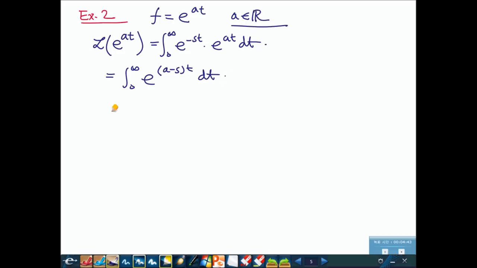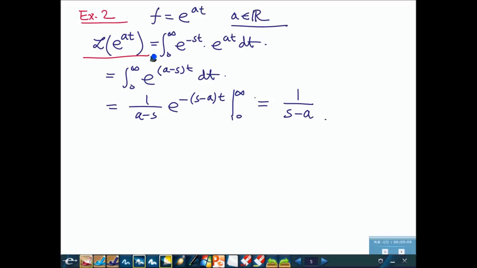Okay? And so you do this integration: 1 over a minus s e to the a minus s t from 0 to infinity. And then that's 1 over s minus a. Okay? So the Laplace transform of e to the at is 1 over s minus a.